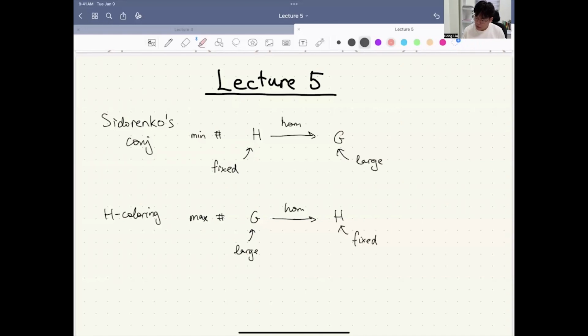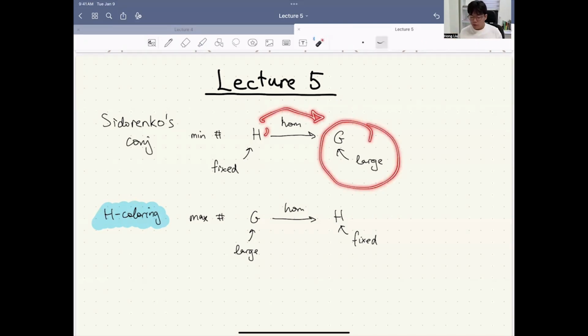Where does this name come from? Let me explain. In Sidorenko's conjecture, there's a natural motivation. We have a huge graph G, and we care about how many appearances of H, a fixed graph, there are. For example, triangles or K4s: what's the triangle density, K4 density in a large graph G?